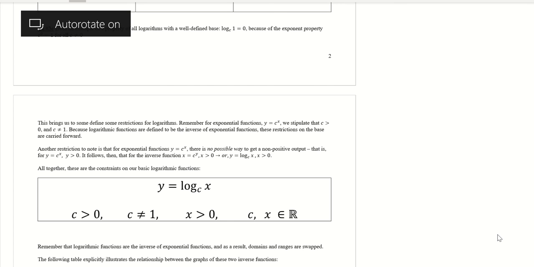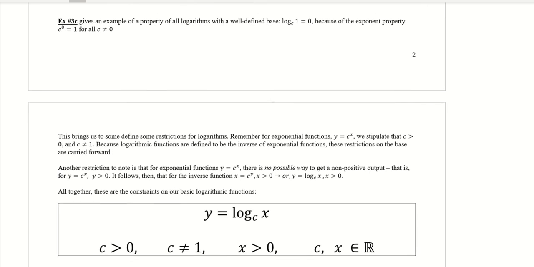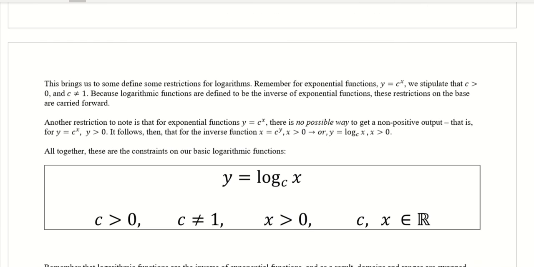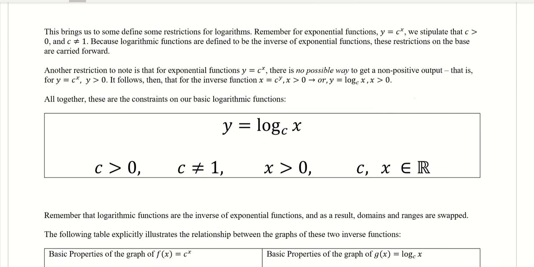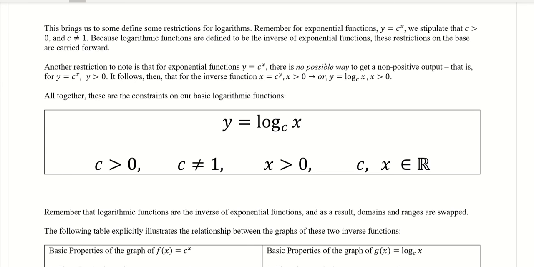So in this video, we will be looking at restrictions of logarithms here. Restrictions on logarithms basically come from the restrictions that we looked at for exponential functions.